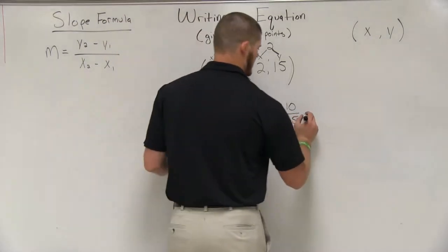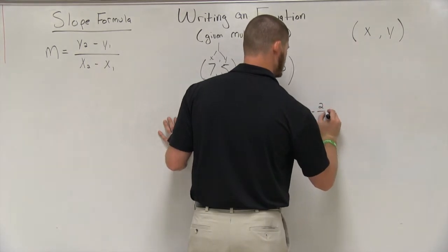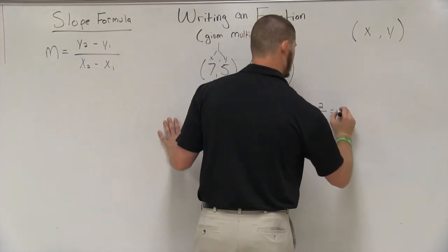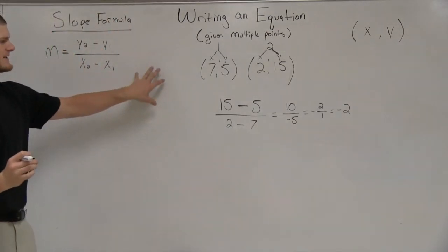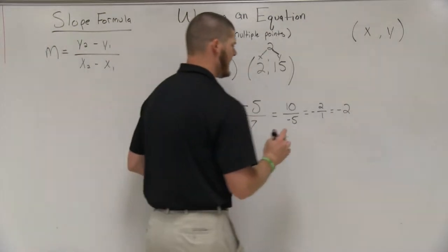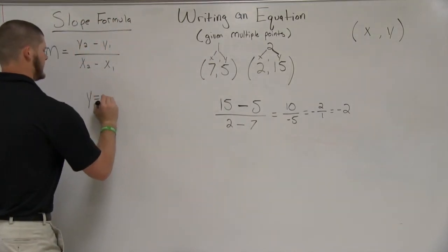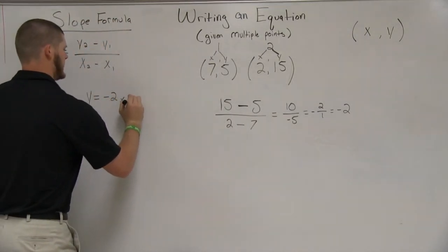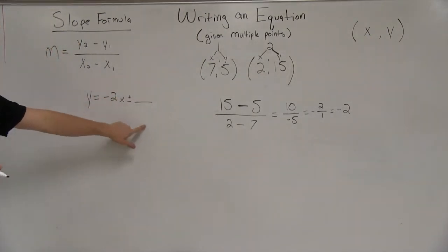So my answer would be reduced to -2 over 1 or -2. So the slope of the line that passes through these 2 points would be -2. If we were writing an equation, we would start with y equals -2x plus or minus something. And we're not quite to the point where we can find this yet.